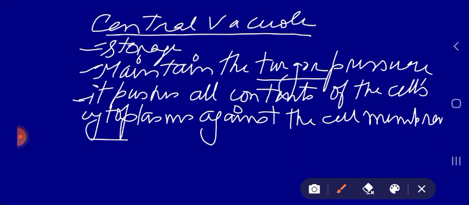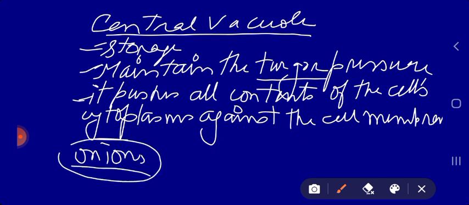Okay. The best example is in the case of onions. When we cut the onions, an awful gas comes out which causes tear formation.